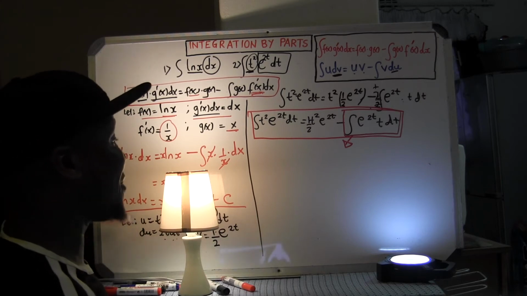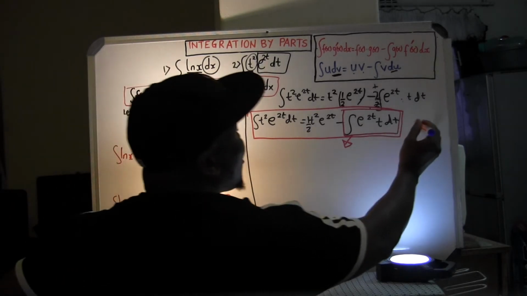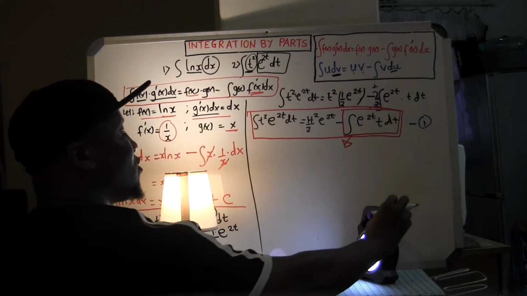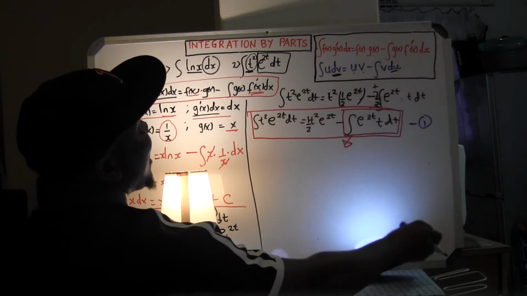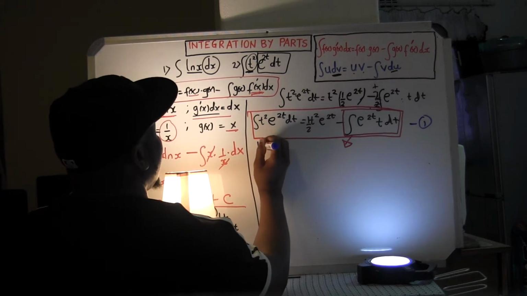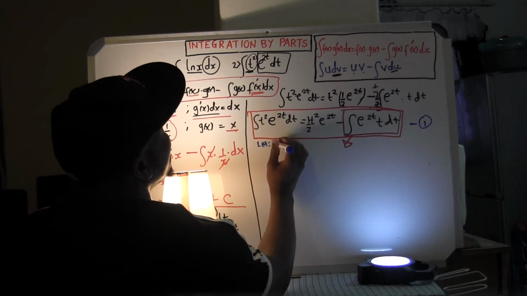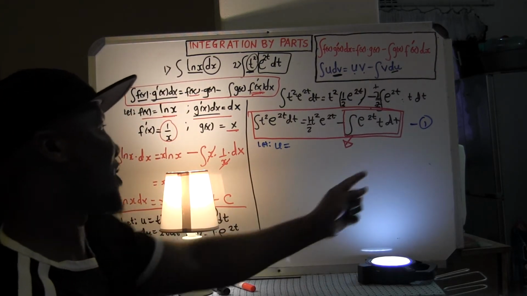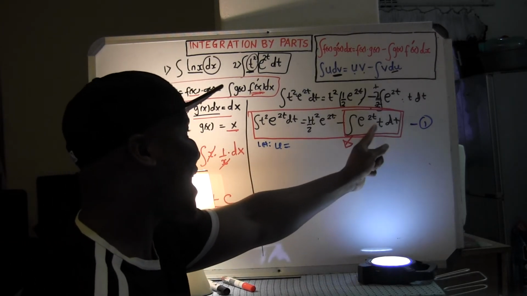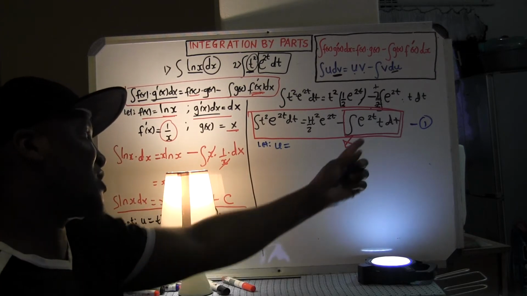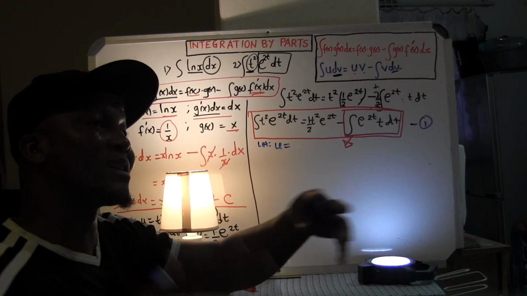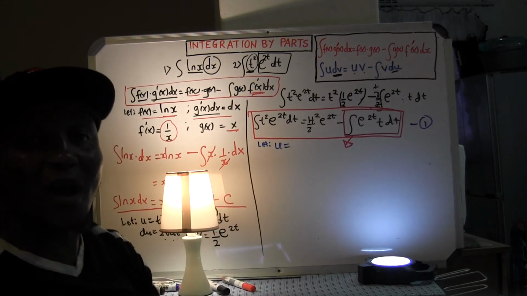So let me call this first equation. Now this is another by parts. How did I know? We have a t and e together, which means you have two functions, a function of e and a function of t, and you can't just integrate straight away. So let's take that one and solve by parts.